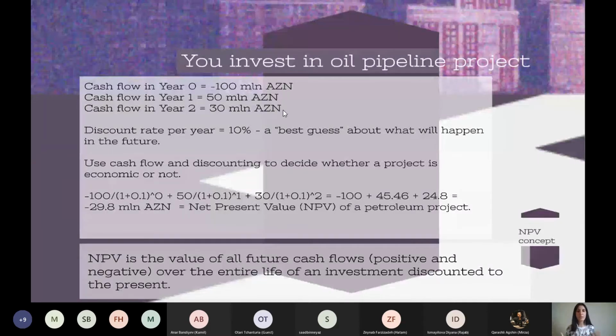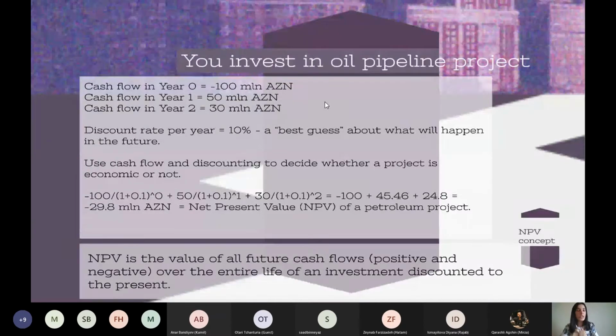So it means that after 2 years, my net cash flow together will be minus 20 million manats. But this is wrong, guys. Just ignore this, because we have to discount our cash flow. What we said before, 50 million manats after 1 year is not the same amount as now, or 30 million manats after 2 years is not the same money right now.